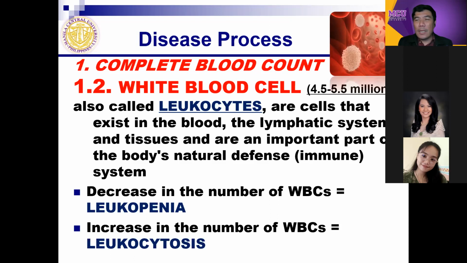So if there's a decrease in the number of WBC, our medical term that is used for the decreased number of WBC is leukopenia. And for the increased number in the WBC we have leukocytosis.